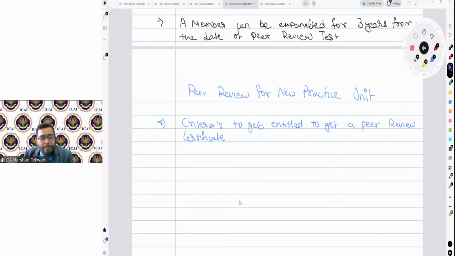You cannot perform a peer review if you do not have a population. You cannot perform peer review if you do not have any assurance engagement to review. How can I give a certificate of a peer review when there is nothing to review? So there are certain criteria that are required to be fulfilled before they get eligible to get a peer review certificate. What are these criteria? Okay.